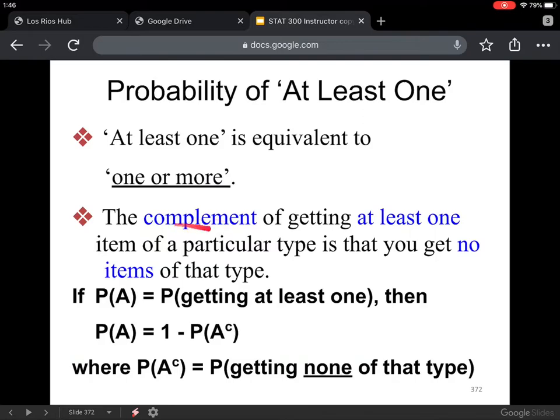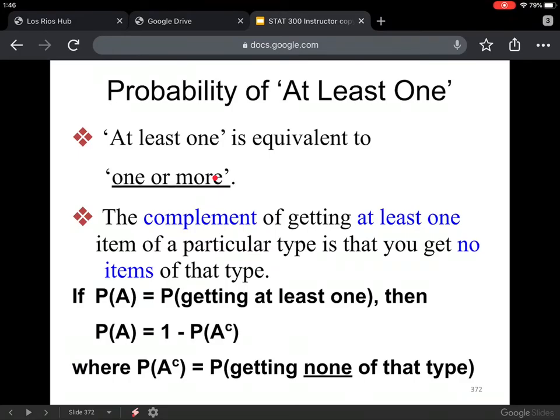The complement is, and sometimes people think about complements and opposites as the same. It's not exactly the same, but the complement of at least one, or the complement of one or more, would be none, right? Think about this. One or more, if I choose just some kind of data set, one or more or none are complements.